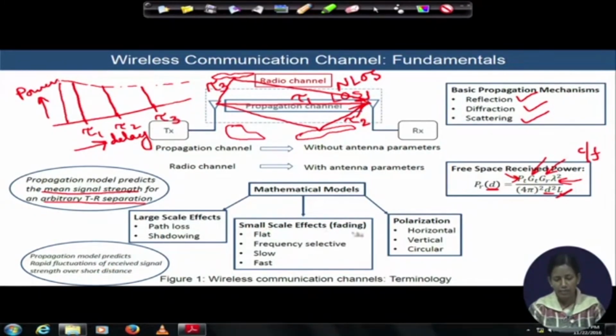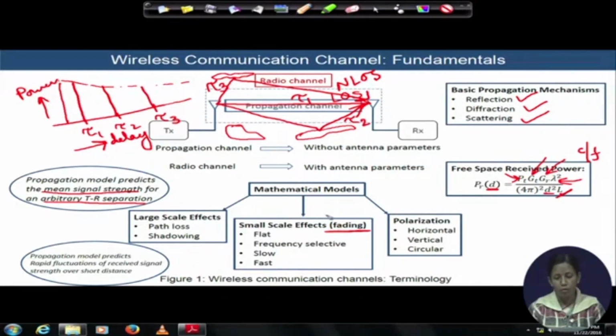These small scale effects we call by a term called fading, and this fading is of several types in a wireless channel. We realize it may be flat, it may be frequency selective, it may be slow, it may be fast, and we will discuss all this in the next slide.